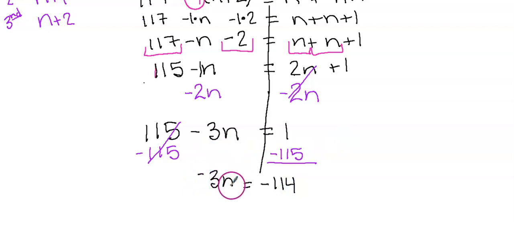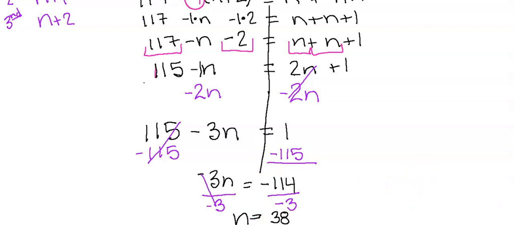I have negative 3n, that's negative 3 times n is equal to negative 114. The opposite of times is divide. I don't just want to get rid of the 3. I want to get rid of the negative 3. So I'm going to divide by negative 3. Where our answer is now n equals positive 38.